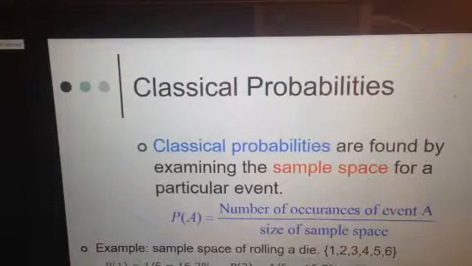And the probability of a 2 is 1 out of 6. The probability of a 1 is 1 out of 6. The probability of a 6 is 1 out of 6. The classical probabilities do not change as the number of experiments changes.